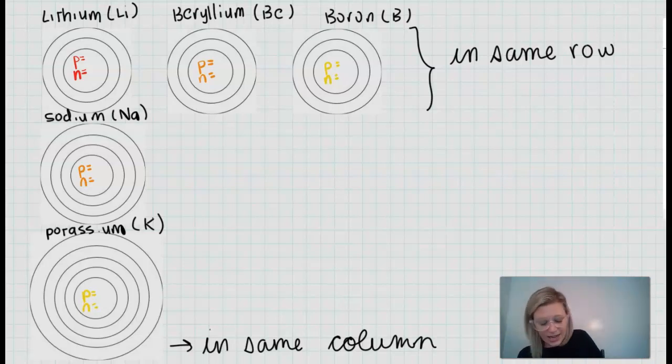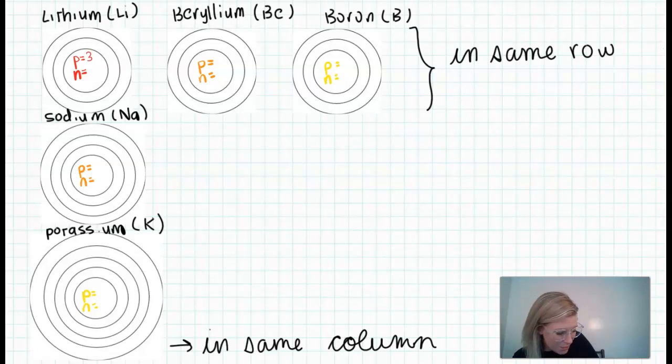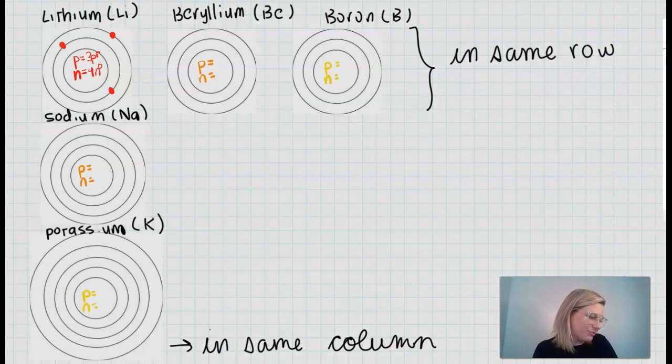It has a total of 3 protons and a total of 4 neutrons, okay? And that means that if it has 3 protons, it has to have a total of 3 electrons: 2 electrons in the first energy level and 1 electron in the second energy level.